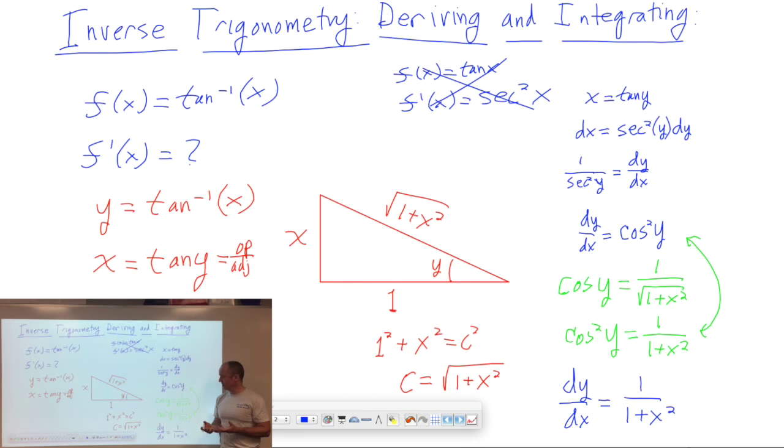So by drawing a triangle and pretending we're back in our original geometry course, we can take something that would be very difficult to prove with the limit definition of the derivative, and with some clever substitutions and just following everything you learned back when you were first introduced to sine, cosine, and tangent, we can prove that if you start with your function being the inverse tangent of x, it can be rewritten as x equals tangent y, implicitly derived, substitute back in from our original triangle relationship, and the derivative is going to be 1 over 1 plus x squared.